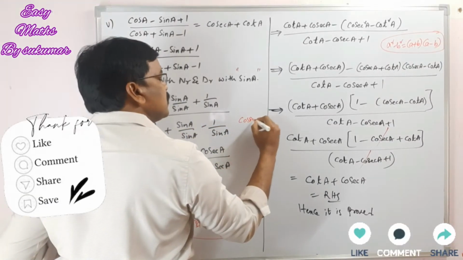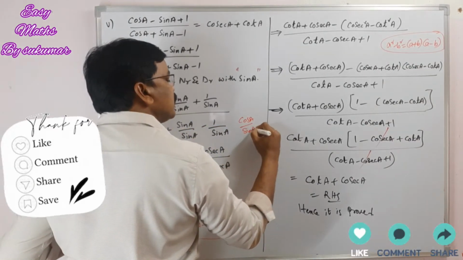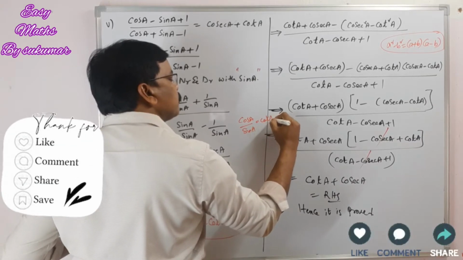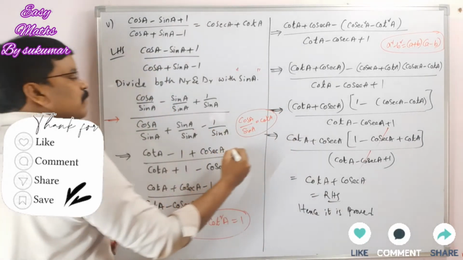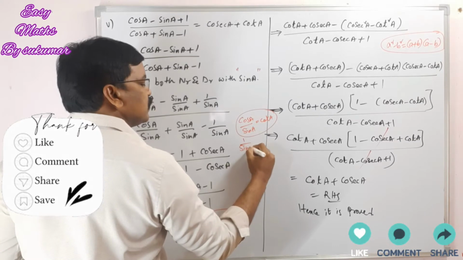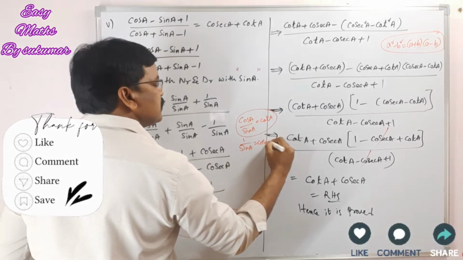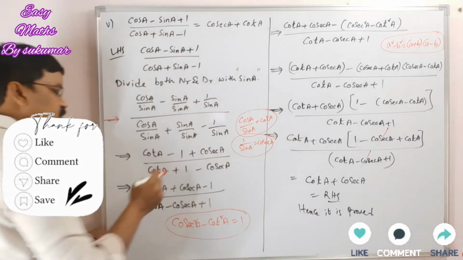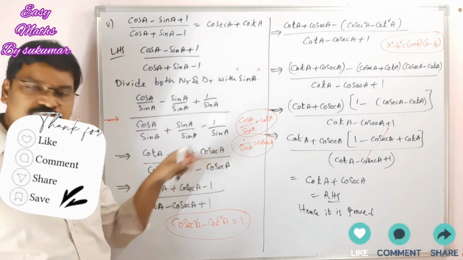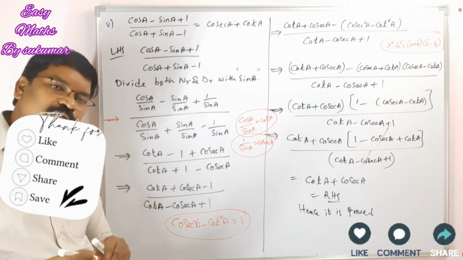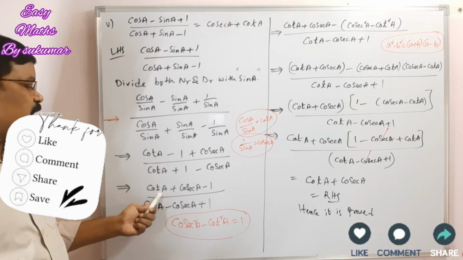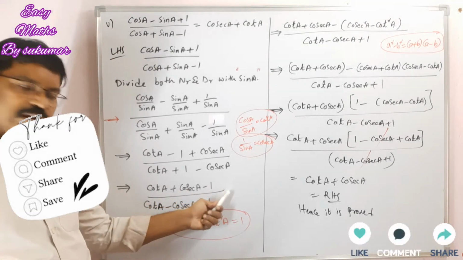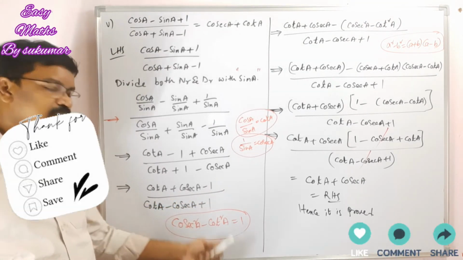This cos A by sin A is equal to cot A. Similarly, 1 by sin A means this is cosecant A. So here just write cot A and cosecant A instead of cos A by sin A and 1 by sin A respectively. So finally here cot A plus cosecant A minus 1 by cot A minus cosecant A plus 1.